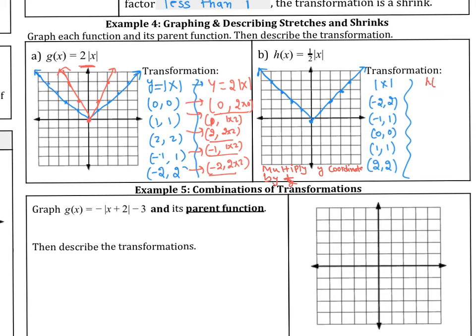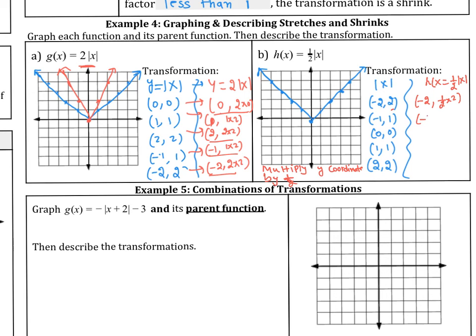For h(x), which is 1 over 2 times absolute value x, you're now going to multiply each y coordinate by 1 over 2. So negative 2, this 2 divided by 2. Multiplying by 1 over 2 or dividing by 2 is the same thing. So 1 over 2 times 2, that point will give us negative 2, 1.